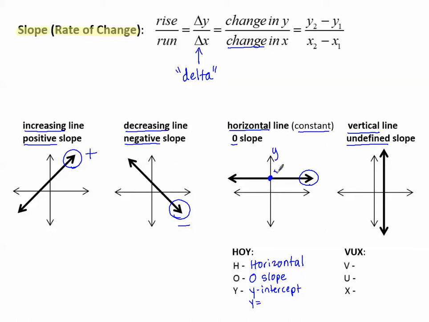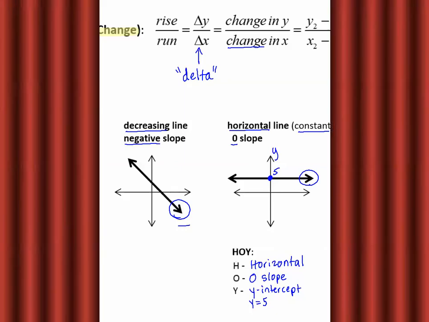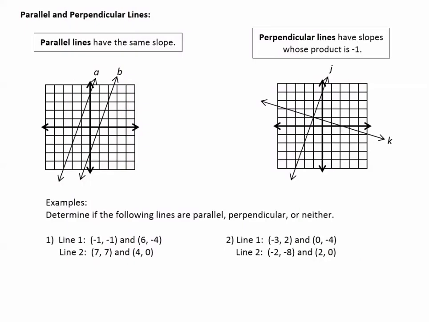Kind of like as if this were 5, the equation would be y equals 5. Similarly, VUX for vertical line has an undefined slope, and it only has an x-intercept, so the equation could be x equals 5. See, there's only an x-intercept, and if this is passing through 5, the equation would be x equals 5. So you remember these things from Algebra 1, and we will be using those.